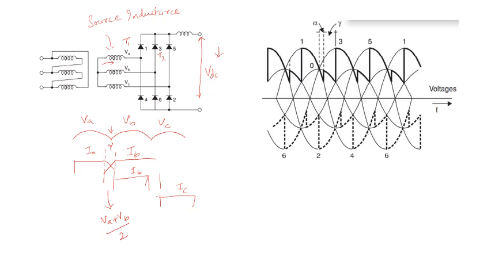Similarly, if you see the waveform here, this is your alpha. There is a delay in the firing angle, and it gets operated here, and this is the gamma part, and in this gamma part, thyristor 1 and thyristor 3 both are on.